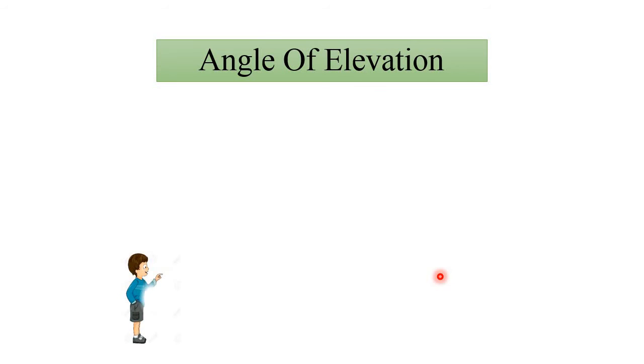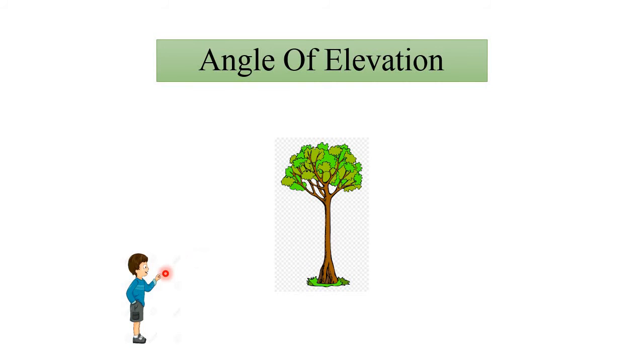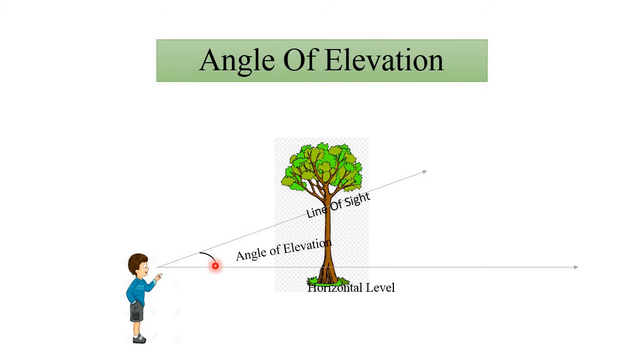What is angle of elevation? See, the person is observing the tree. So this is the line of sight, and this is the horizontal line. This line is called horizontal line or horizontal level. This is the angle of elevation.